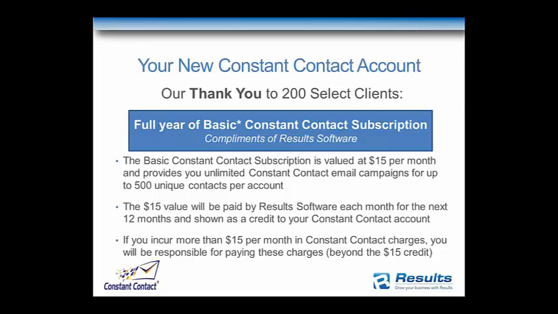If you decide to use those additional services, you will cover that portion of the bill yourself, or if you go over the 500 unique names because you're going to do larger campaigns or different campaigns, you're welcome to do that. The account is set up for you to use it any way that makes most sense to your organization. The point is that we are covering for you a full year of the basic subscription.